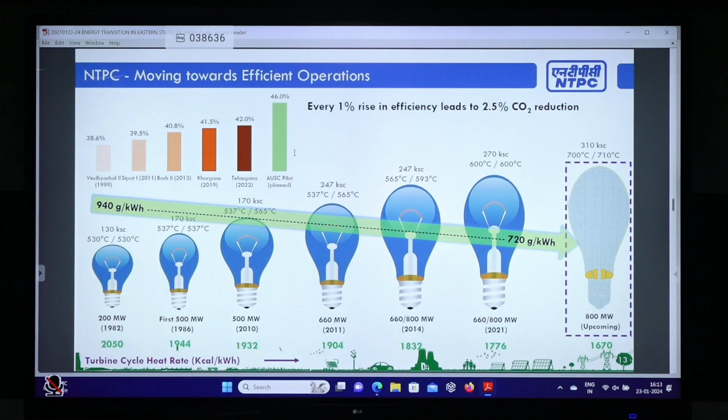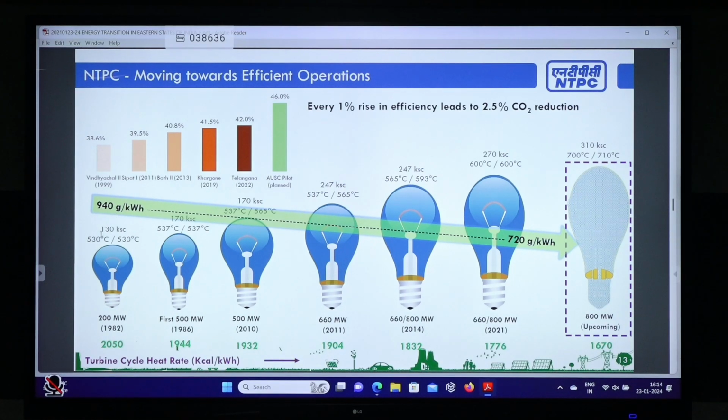If you see, we started in NISER in 1982 with a specific carbon of about 950, even more than that. Many of the plants of state governments in that region had specific carbon dioxide of around 1200 grams per kilowatt hour. So we started with 940 with an efficiency of 38%.